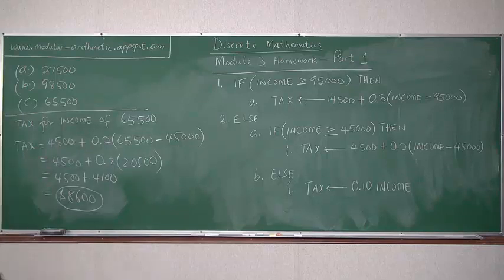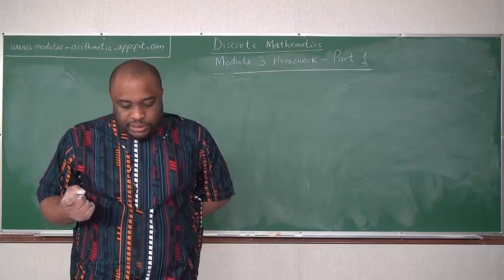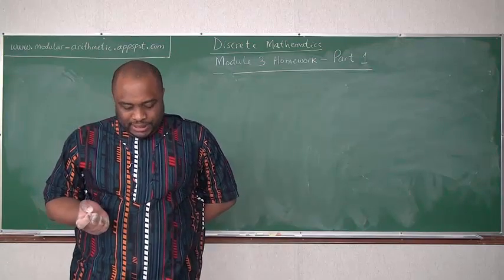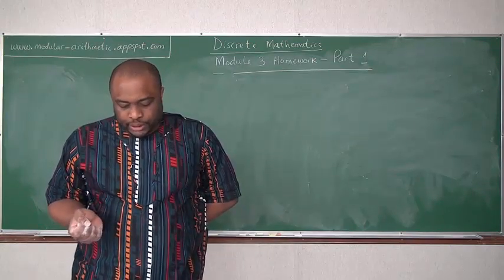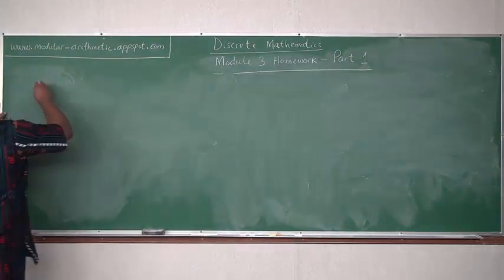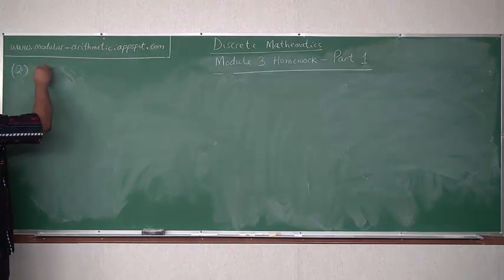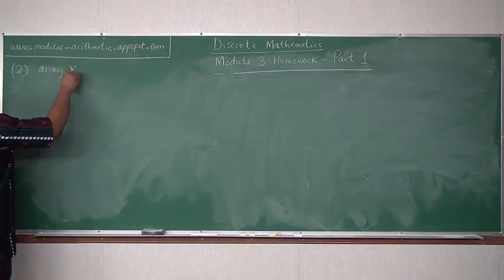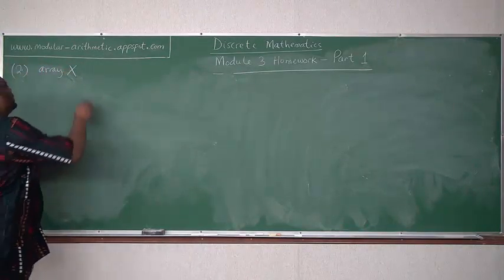And that's it. That is it for question 1. Question 2 says, suppose that the array X consists of real numbers. So we have array X, question 2, array X consists of real numbers.